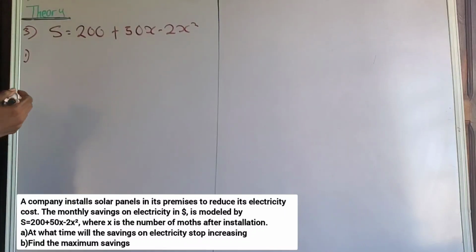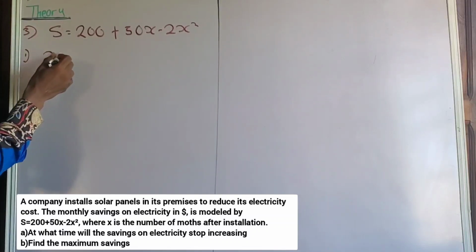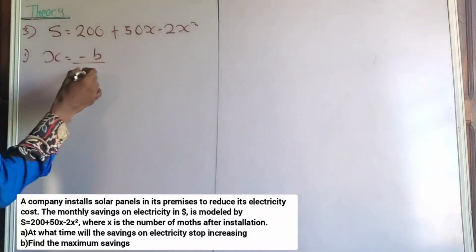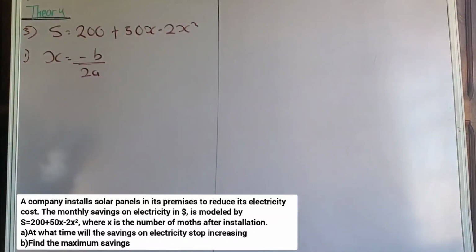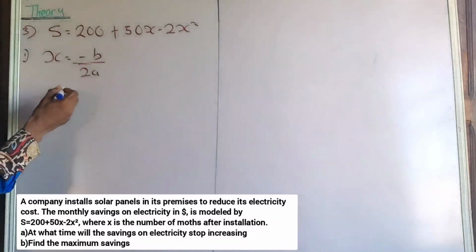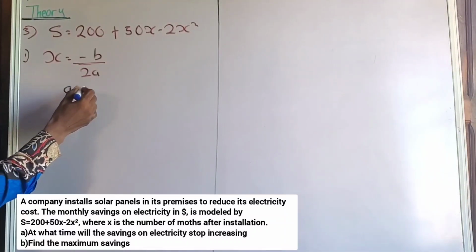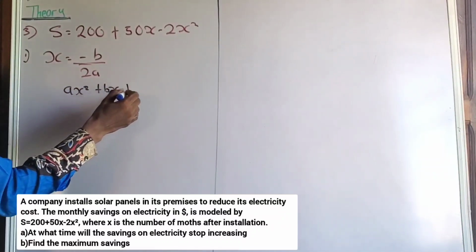Now, to find when the savings will stop increasing, we need to find the vertex of the parabola. To get the vertex, we are going to use this formula: x equals minus b over 2a. Now look at the quadratic equation that we are given. A typical quadratic equation is represented as ax squared plus bx plus c.